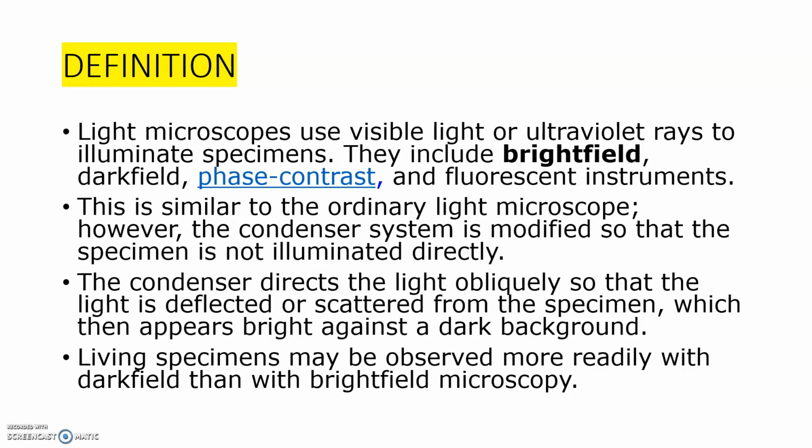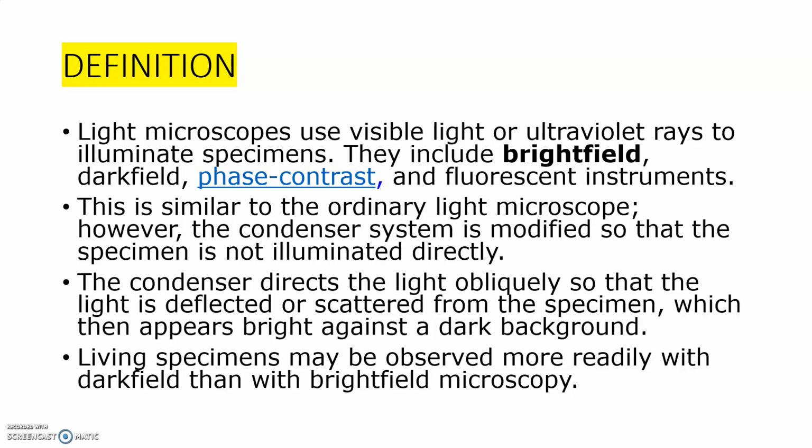When it falls on the specimen, the light gets scattered, which then appears bright against the dark background. In order to get a dark background, we are using a special type of condenser system.